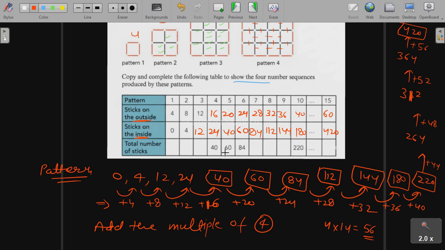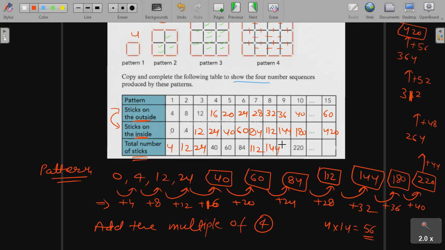Okay, and the total number of sticks. So we have to add these two sticks. Okay, so 4 plus 0, 4. 8 plus 4 is 12, and 12 and 12, 24. This is 40, 60, 84. Similarly, 112 and 144.